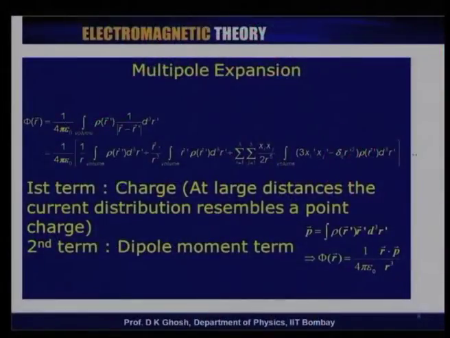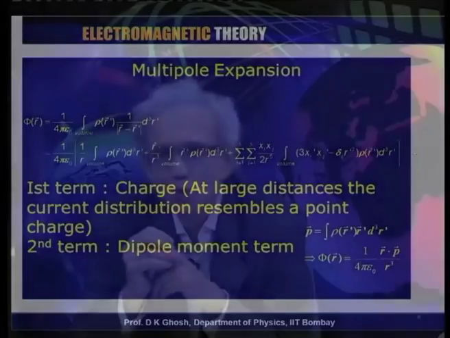This term that we have at the end, which I will be talking about a little more, is what is known as the quadrupole moment. Now, incidentally, you must have realized that this calculation is going to become very messy, and the reason why it is messy is the following: we need to calculate the potential.